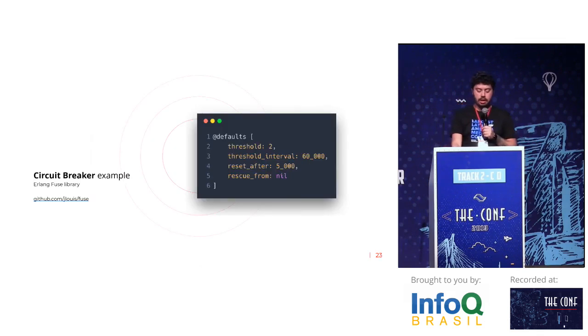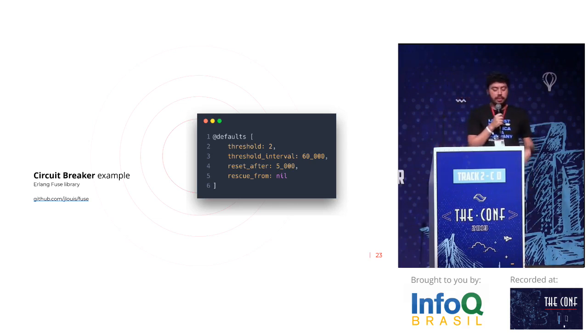So looking at some code, this is a circuit breaker example using the Fuse library. Fuse is an Erlang library. You can use Erlang inside Elixir. And the first parameter will be the threshold, so my max error number.